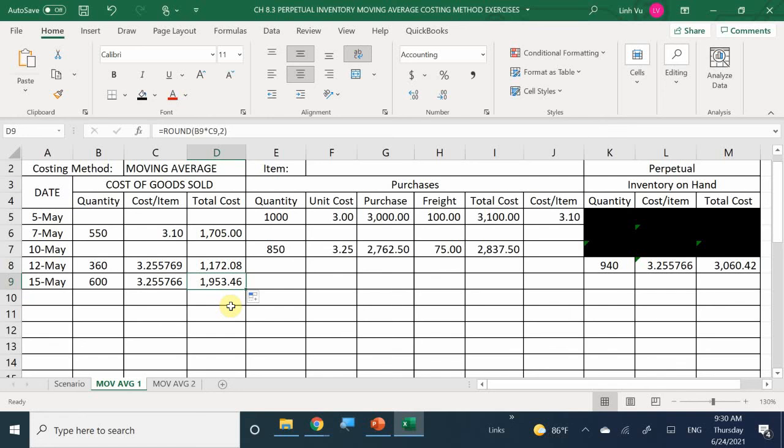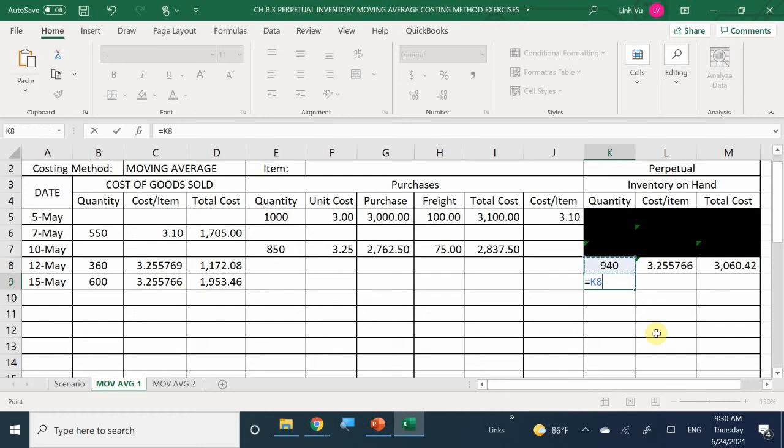Okay. So once again, now that we have these numbers, we sold this amount. Now it's just rinse and repeat from here on out. I'm going to go over here because now I no longer have 940 items. I have 600 less than that. So what is my total quantity here? 340. 340, all right?